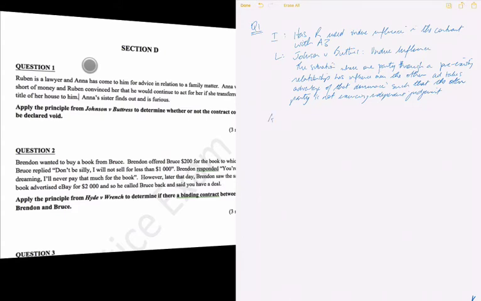So application, right? In this case, R does have a pre-existing relationship because he is Anna's lawyer.